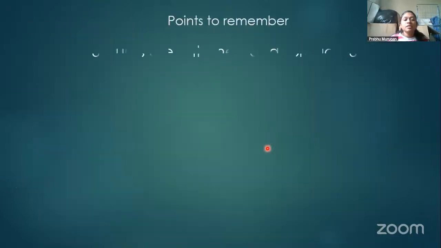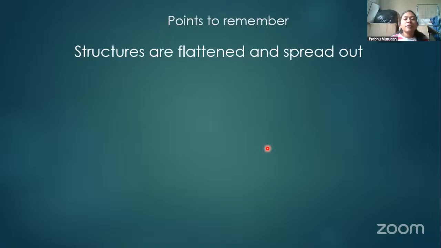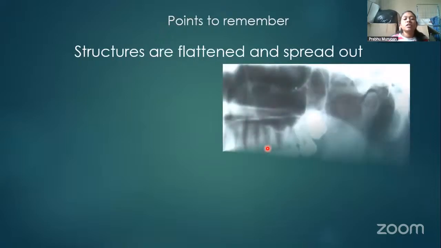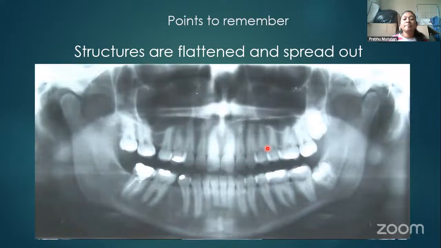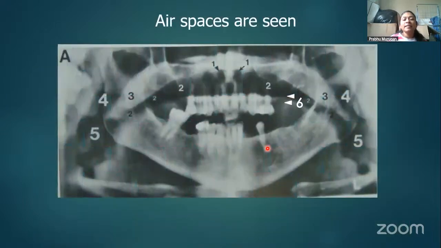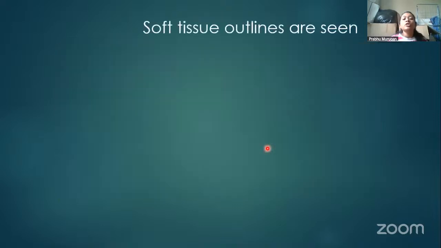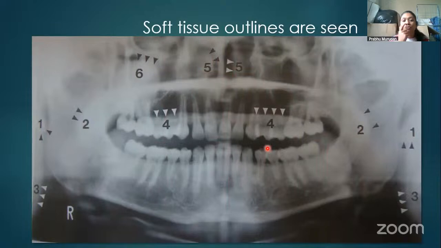In case of an ideal OPG, there are a few points that you have to remember. The structures are flattened and spread out in an OPG. Your pneumatic air spaces, your mastoid air space, ethmoid air space, frontal air sinuses, will all be visible on the image. Your soft tissue outlines, like the soft tissue border of your nose and your tragus, will also be visible here.